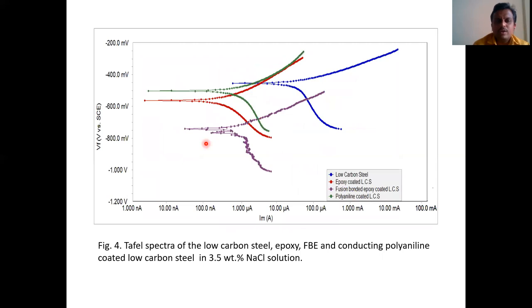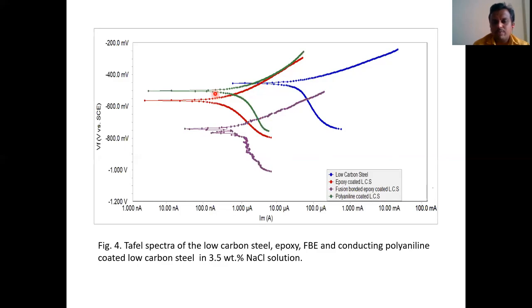So this is the actual Tafel plot we are getting from this Gamry software. The y-axis is potential versus saturated calomel electrode, and the x-axis is current density. These are the different Tafel plots for different materials. This blue one is for low carbon steel. This one is for epoxy coated low carbon steel.